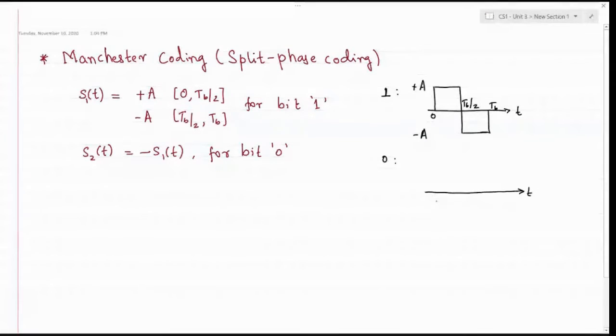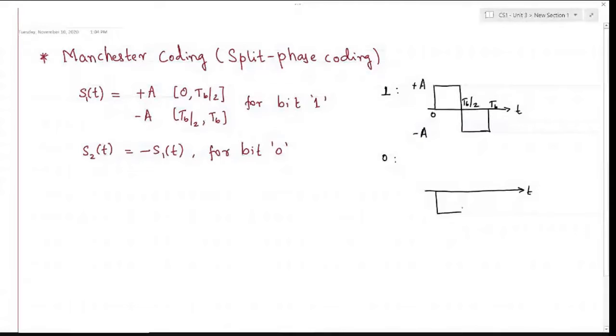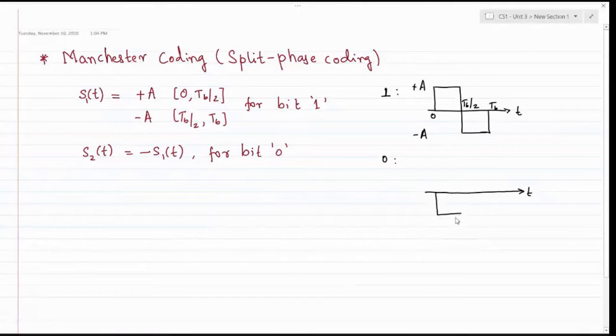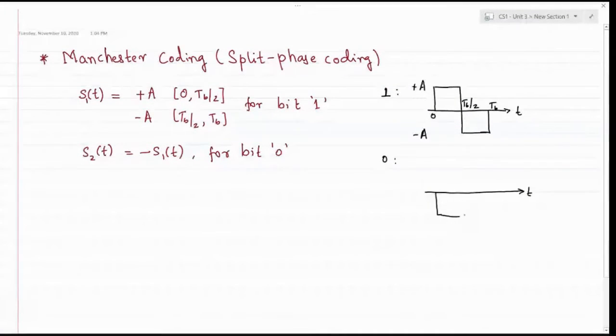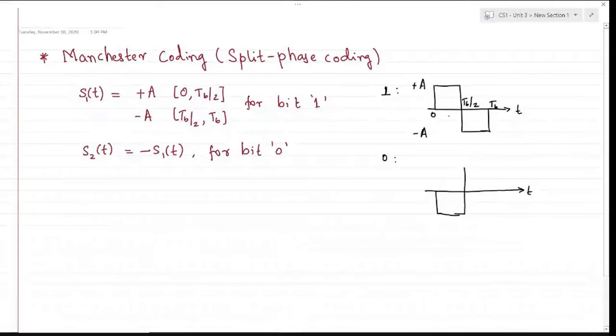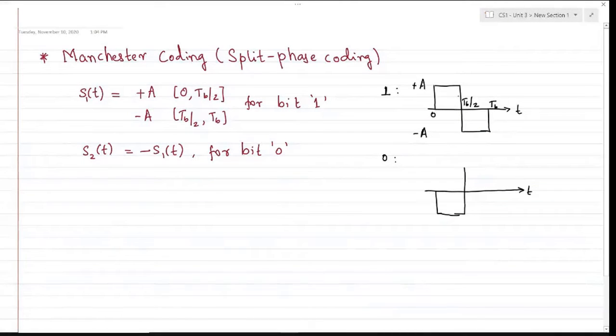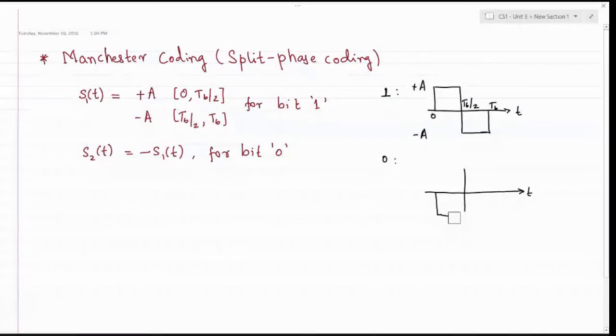Return to 0 or non-return to 0 scheme, sir? Yeah, this actually cannot be called return to 0 or non-return to 0, because it is splitting its phase in between. It is returning to 0 by its scheme logic itself. There cannot be non-return to 0 for this, because it is changing in between. If it were non-return to 0, it should have constant amplitude for the entire duration. But the logic doesn't involve return to 0 or non-return to 0.